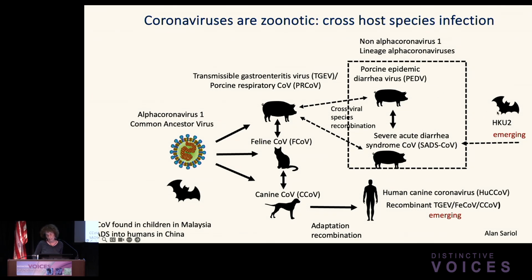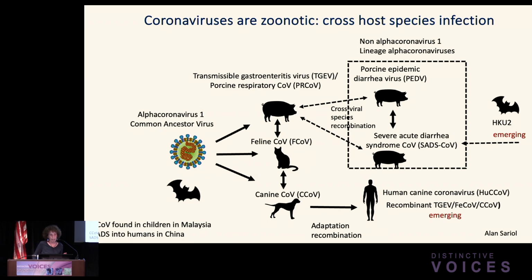And just another example that is recent and interesting: this virus called HKU2, which came from a bat, infected pigs, to cause a virus called SADS, or severe acute diarrhea syndrome coronavirus, and that virus has been known to infect humans. So there's a lot of exchange here between animals and humans, and many of them come from bats and some from rodents.